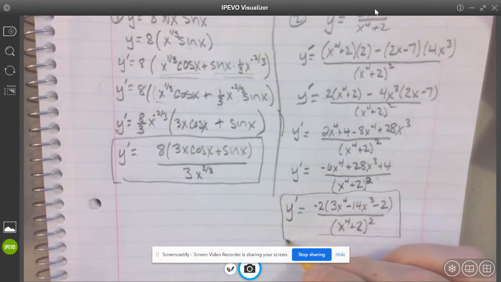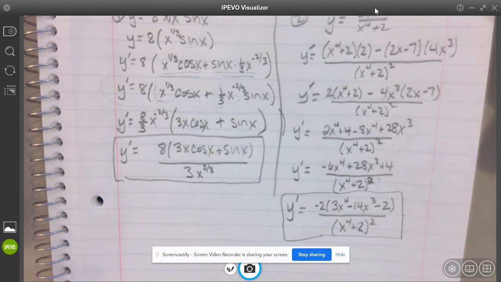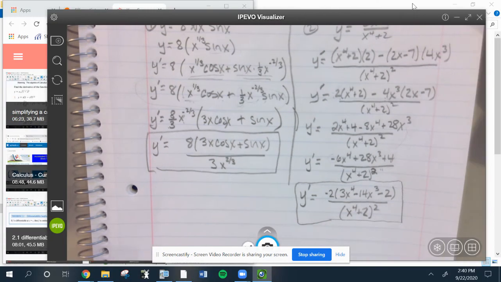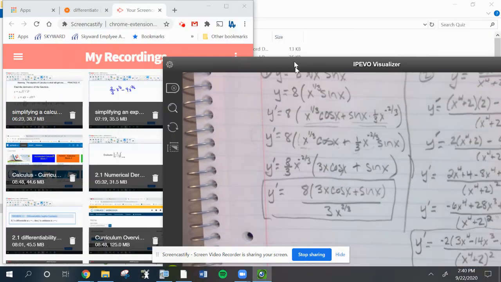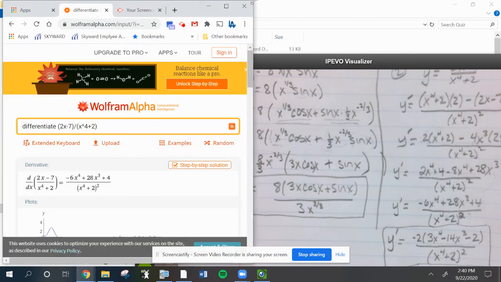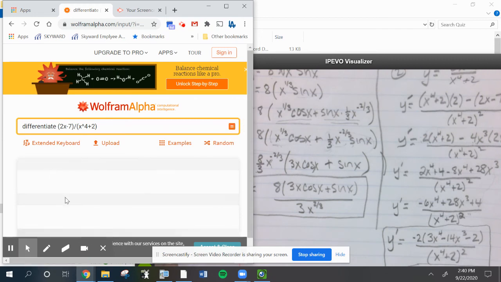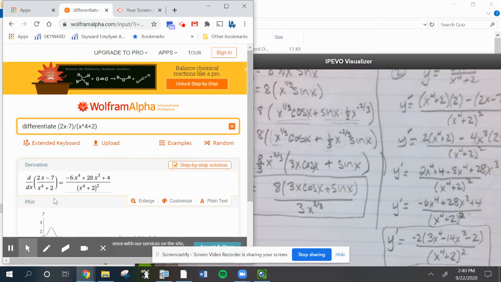Now, I'm going to quickly check this on Wolfram Alpha, as you probably should as well. Don't worry, I have it all pre-entered. So I entered differentiate 2x minus 7 over x to the 4th plus 2. The first thing you do when you hit that equal sign is make sure that you typed it in correctly. So this should look exactly like the original problem.